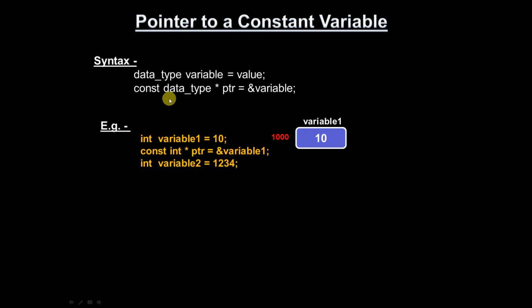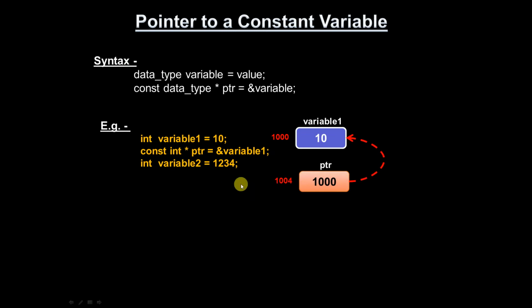It is just like a normal syntax. The only thing is that the const keyword is added here, before int, so either const int or int const. Both are the same. Either you write const before int or after int, no problem.